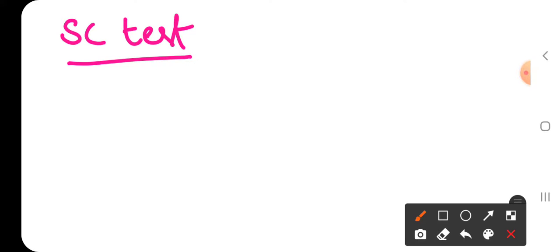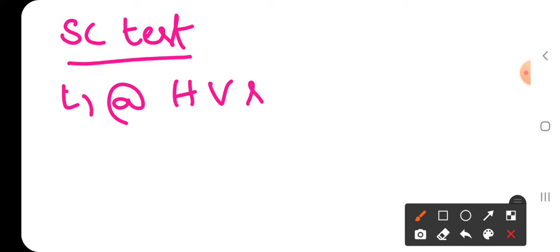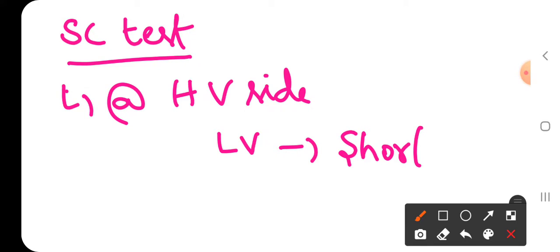Short circuit test means it is conducted on the HV side, and the LV side is short circuited.